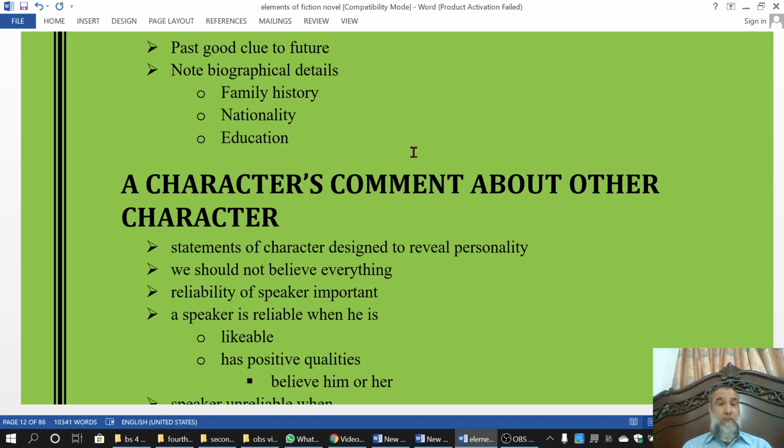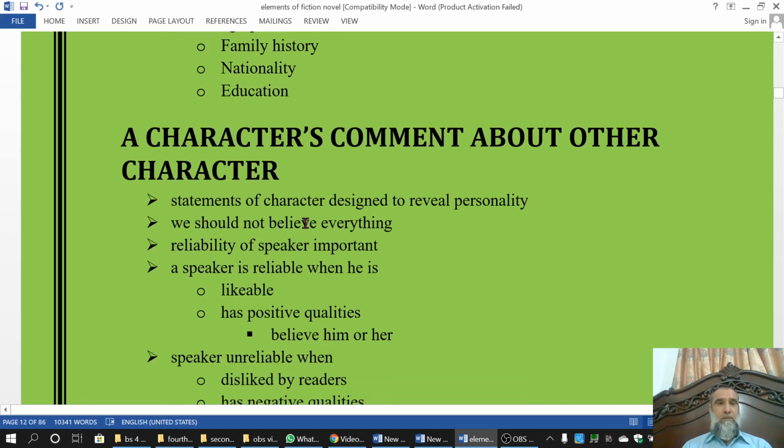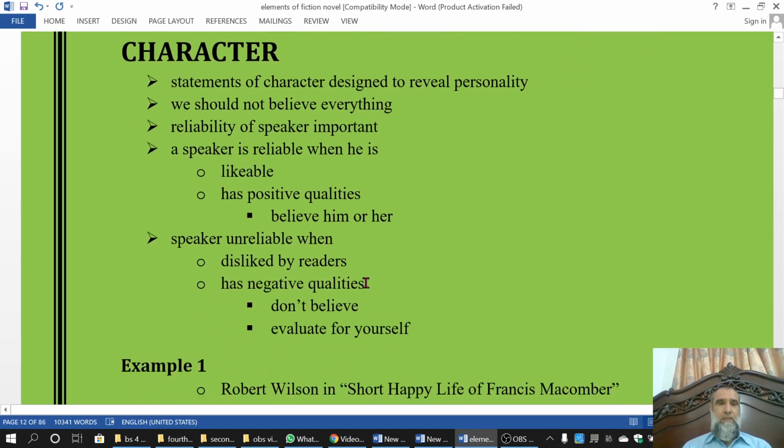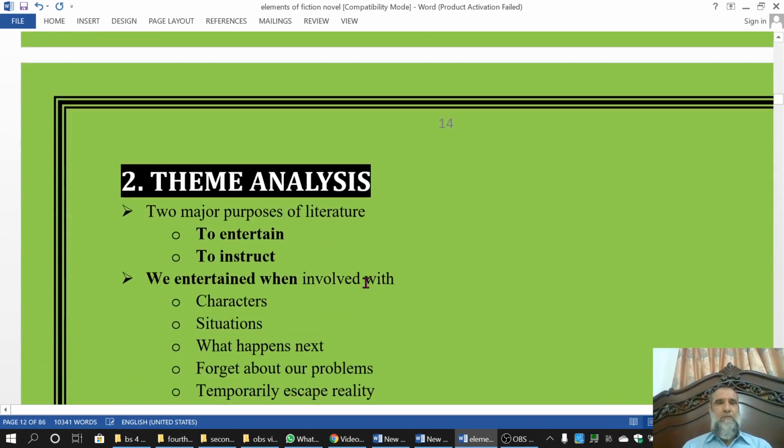Whatever is asked should be answered. You should manage it in a specific time, so you can cut it short according to the needs. We also discussed the characters' comment about each other. What do they say about each other with examples? And that was the end of the character analysis.